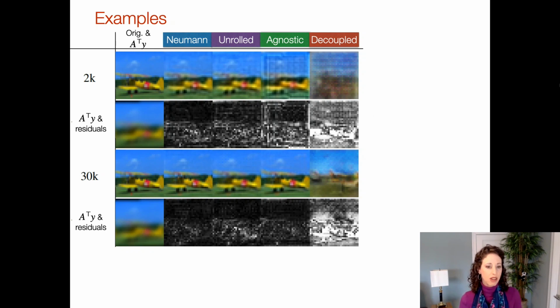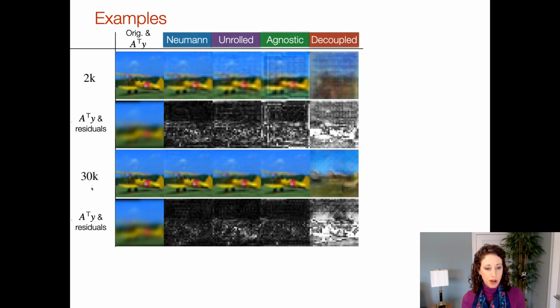And you can see where these residuals have been multiplied by, I think it was 5, in order to just highlight the details in the residuals. And so you can see with only 2,000 training samples, we're able to get significantly better reconstructions using these Neumann network ideas than with other approaches.